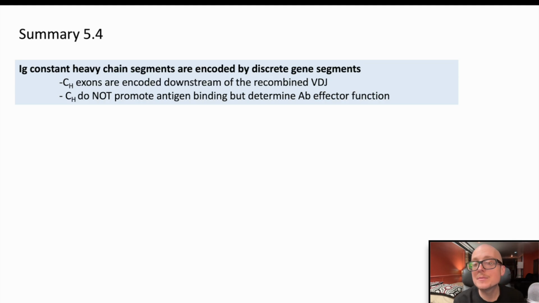VDJ recombination happens during B cell development, and B cells do not survive unless they successfully recombine a receptor using VDJ, whereas class switch recombination occurs later in the B cell's life after exposure to its antigen. And as we see, class switch recombination does not influence antigen binding, but instead is important for conferring effector function.